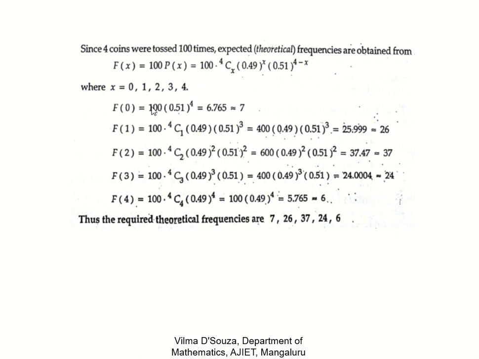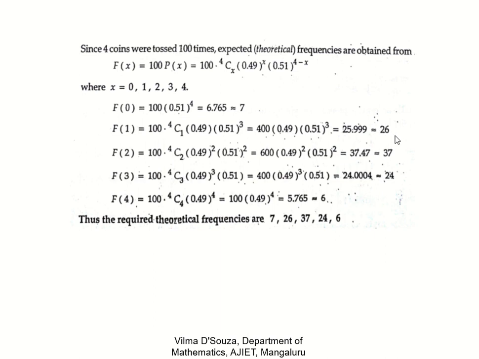Calculate f of 0: 100 into 0.51 to the power 4. F of 1: 100 into 4C1, 0.49 to the power 1, 0.51 cube.